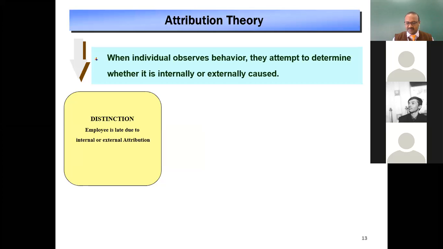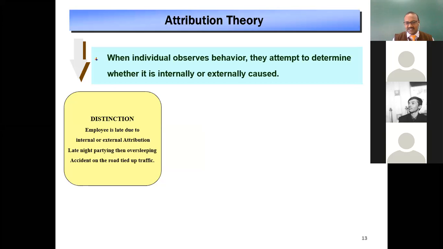When you ask this employee why he is late, or when you look at this individual coming in, you have a certain perception of why he could be late. He could be late because he was partying late at night and overslept and wasn't able to report to the office on time. Or there was an accident on the road and there was a traffic pileup.